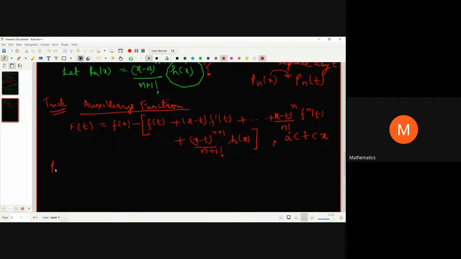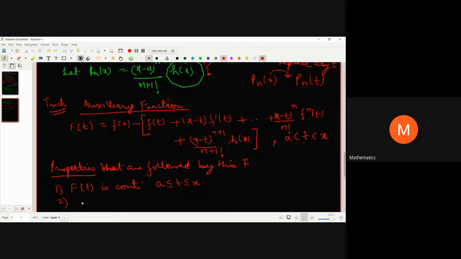Now, there are certain properties followed by this capital F. First, F(t) is continuous in the closed interval. Secondly, F(t) is differentiable in the open interval.